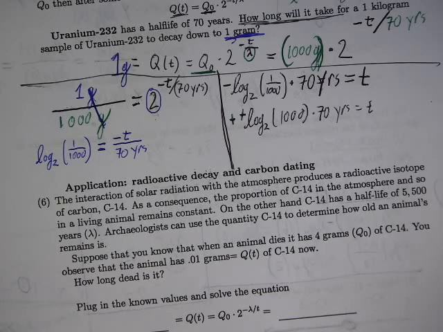It should be the same as negative log base 2 of 1 over 1,000 times 70, right? What is this equal to? Is that about 700?